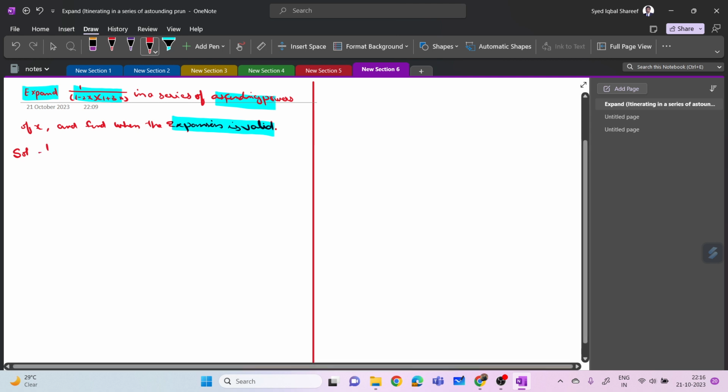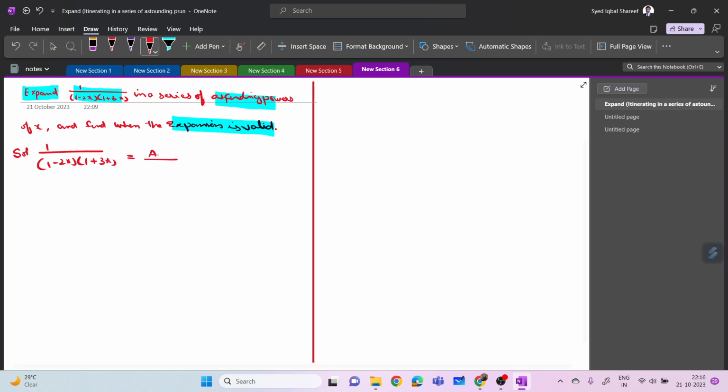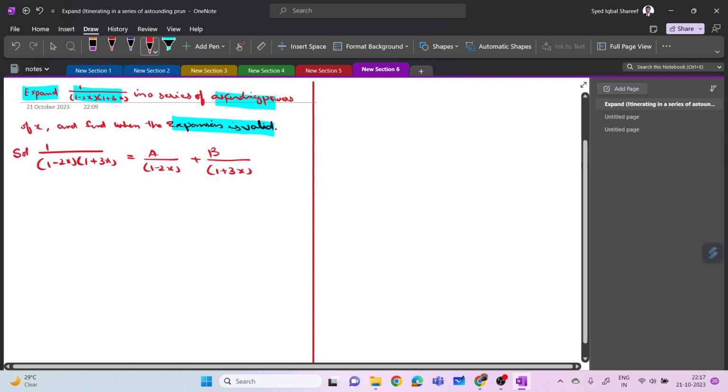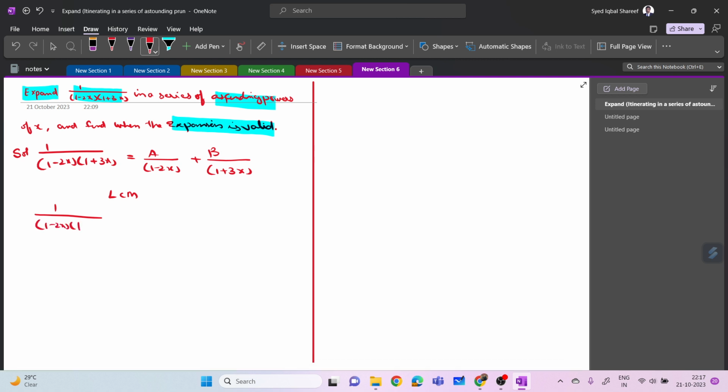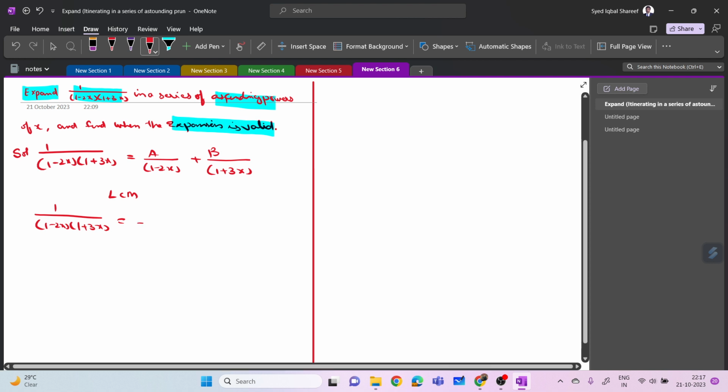So solve 1 by (1 minus 2x)(1 plus 3x). Resolve into partial fractions: a by (1 minus 2x) plus b by (1 plus 3x). Taking the LCM, a of (1 plus 3x) and b of (1 minus 2x) go up.